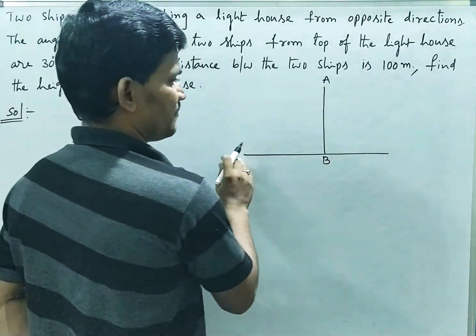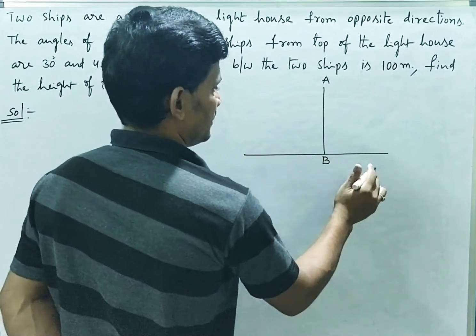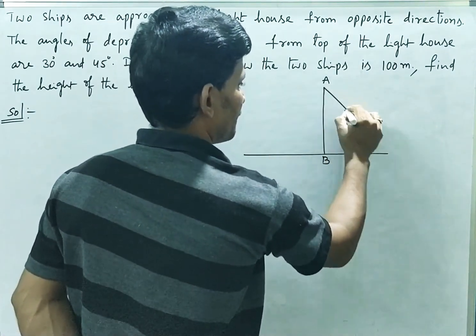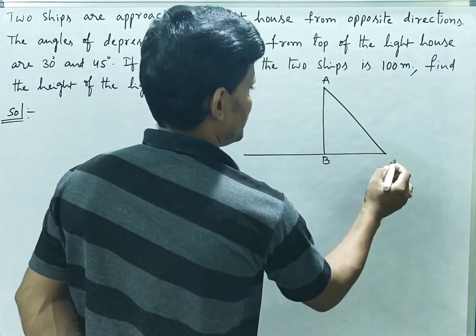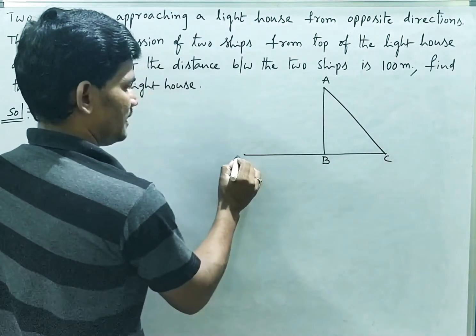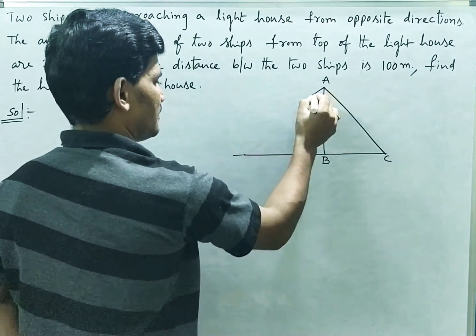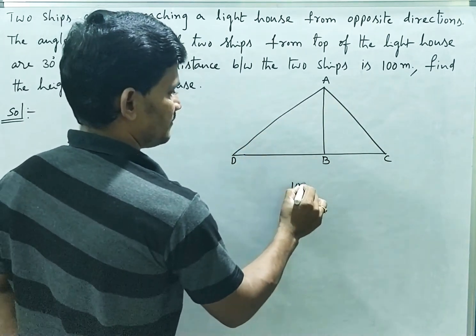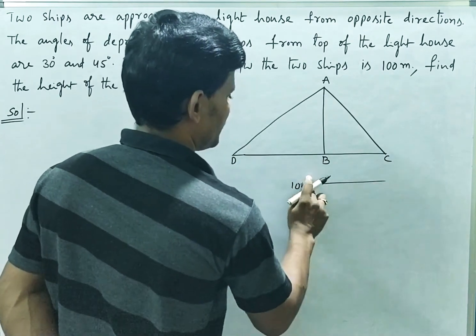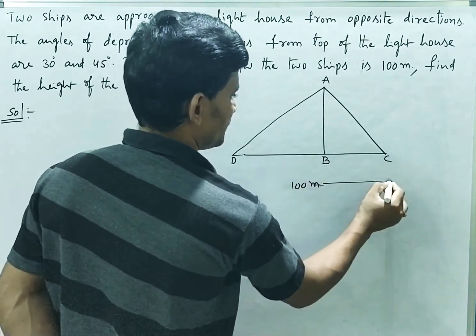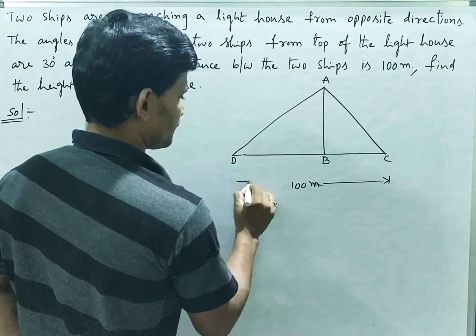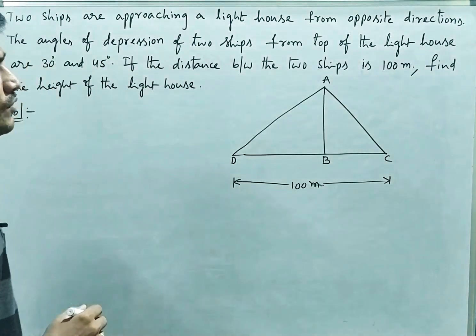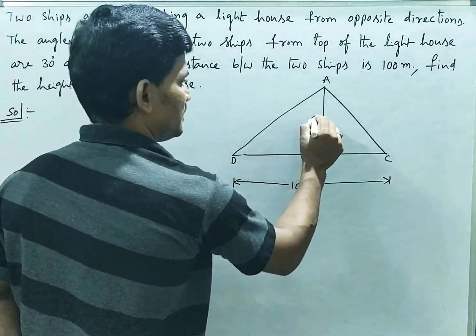Two ships are coming from opposite directions, let one be at C, and another ship at D. The distance between these two ships is given as 100 meters, and we have to find the height of the lighthouse.